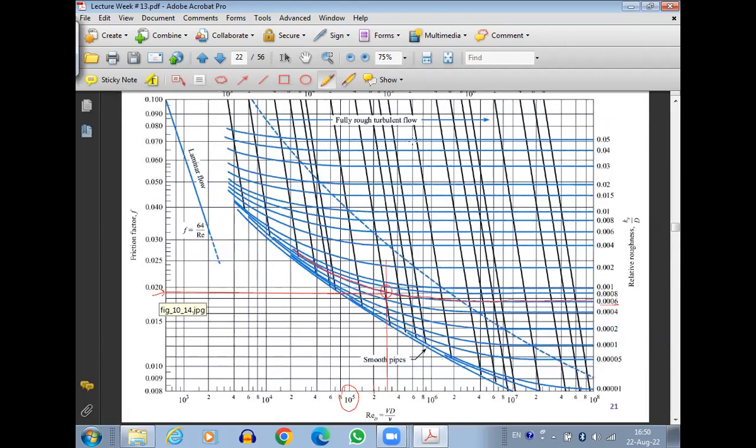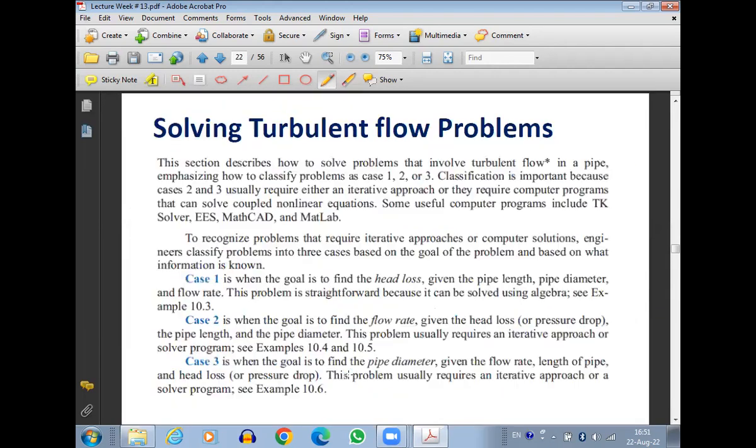When we have a situation where we don't have the Reynolds number directly, then you cannot use the bottom x-axis. For the bottom x-axis, you need to have the Reynolds number. If the Reynolds number is not there directly with us, then we have to use the top.